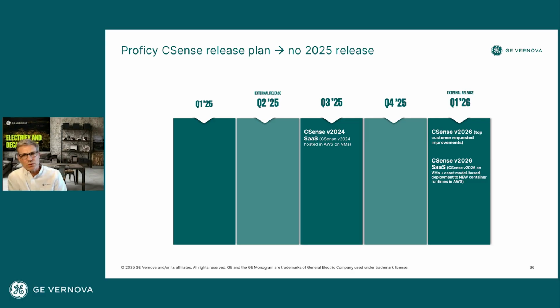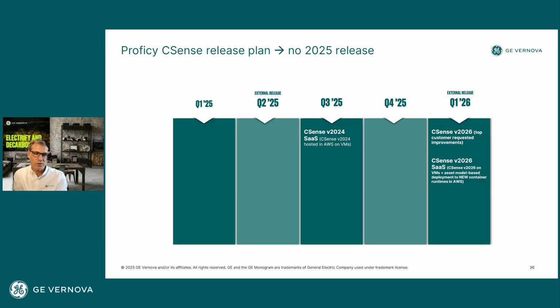There we will be looking to release both an on-prem classic new version of CSense 2026, where we will do the top customer-requested improvements to CSense, but also a CSense 2026 SaaS release version, again where that latest 2026 version of CSense will be available GE-hosted SaaS, but in conjunction with Proficy historian or as an add-on to Proficy Smart Factory.